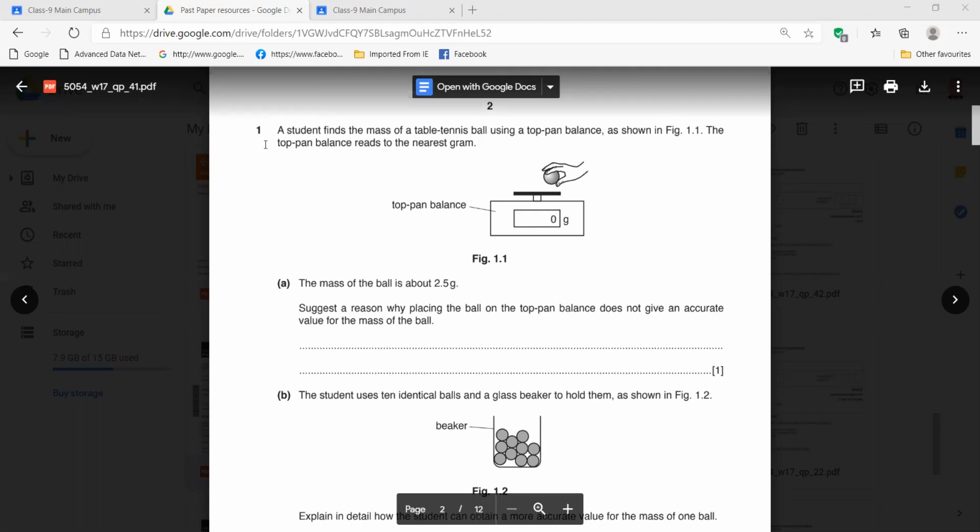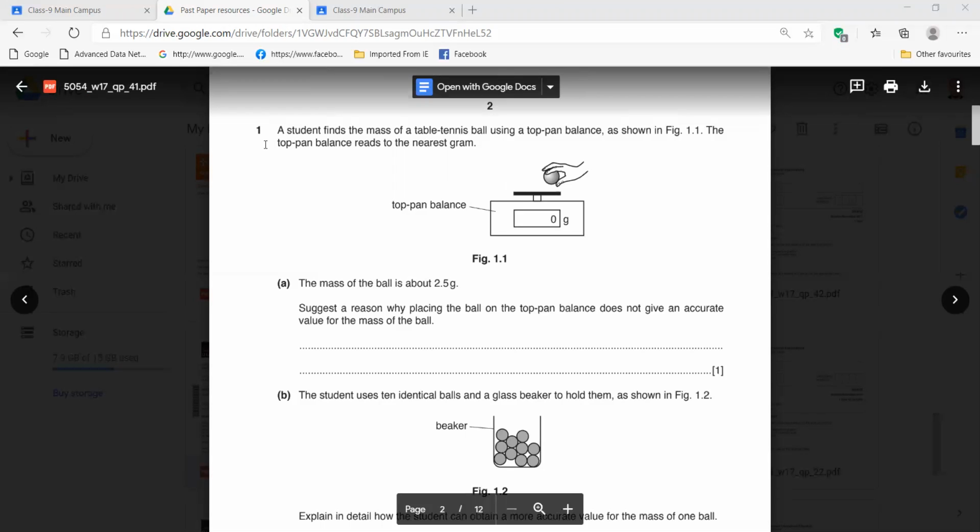This one, question one A. Sir, I think, because... Suggest a reason why placing the ball on the top pan... Sir, if you place the ball on the top pan, the ball might roll.